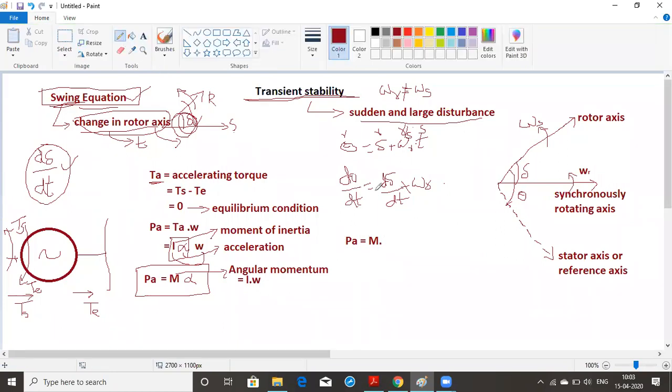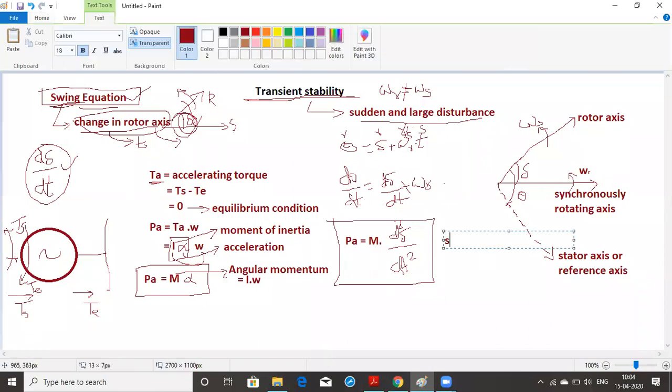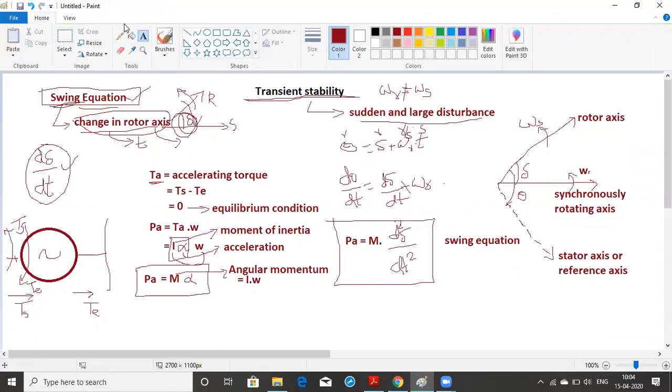Alpha is d square delta divided by dt square. So this is what we are going to call the swing equation. Why it is called the swing equation is because you are going to observe the change in the angle.